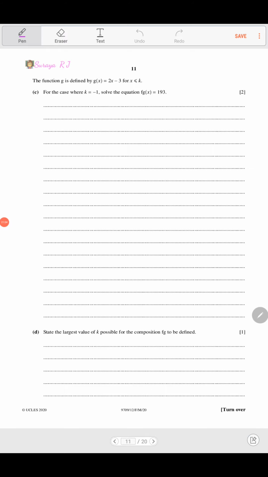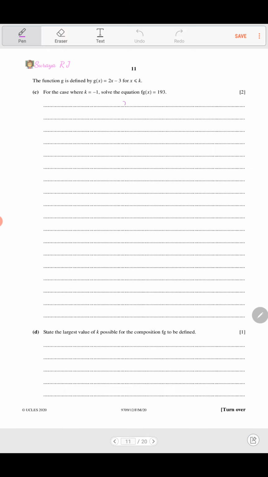Part C. The function g is defined by g of x is equal to 2x minus 3 for x less or equal to k. For the case where k is equal to minus 1, solve the equation fg of x is equal to 193.